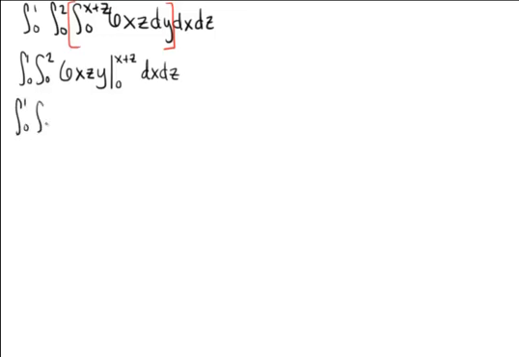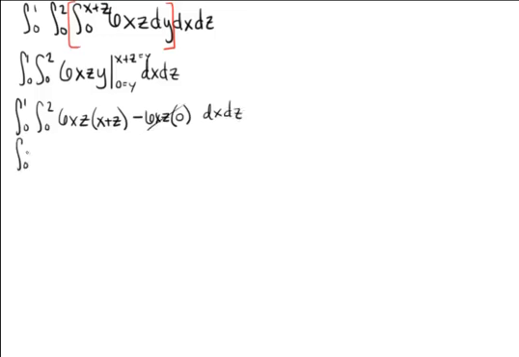We'll rewrite this like that, and we have to substitute. These are your y's, so wherever there's a y in here you have to substitute in your limits. So 6xz stays the same, and the top limit is x plus z, and then minus the bottom, which would be 6xz times 0, dydxdz, and this cancels out.